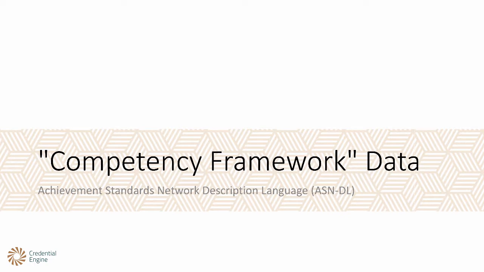So competency frameworks. I'm going to walk through competency frameworks in the same way, maybe a little faster, because there's not a great deal conceptually that's additional to capture. So instead of using SKOS for competency frameworks, we're using the Achievement Standards Network, ASN, the description language based on ASN.